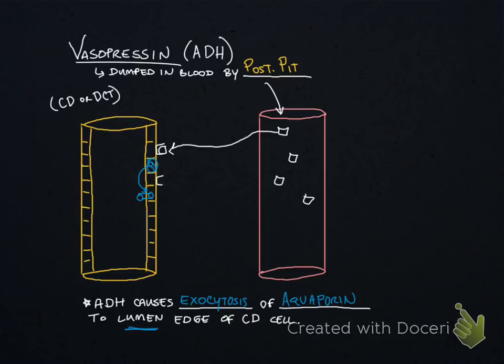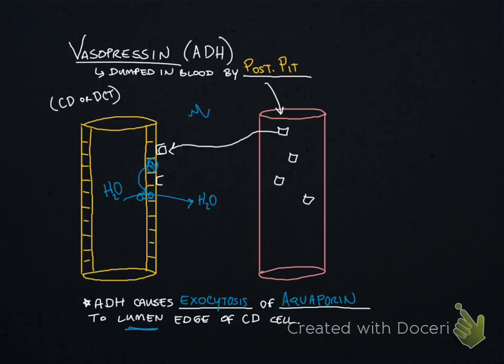And like the name indicates, aqua is going to have something to do with water. The collecting duct or distal convoluted tubule is sitting in the medullary concentration gradient. So water gets sucked out to the interstitial space. So here's water in the lumen or the filtrate, and it's going to be sucked out this way.